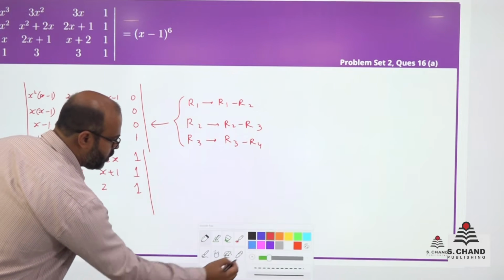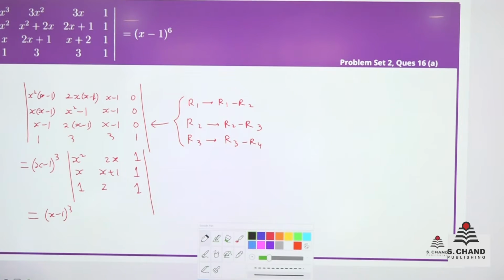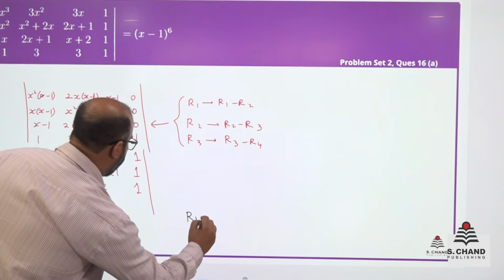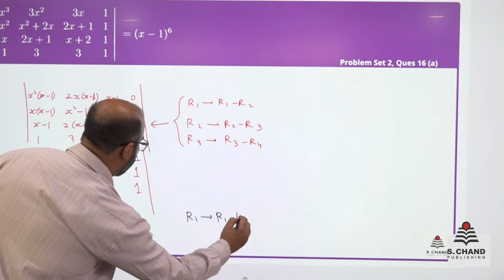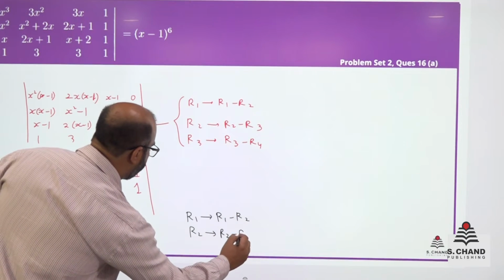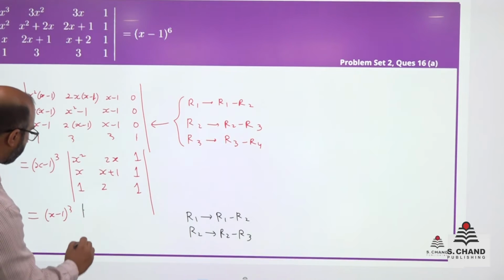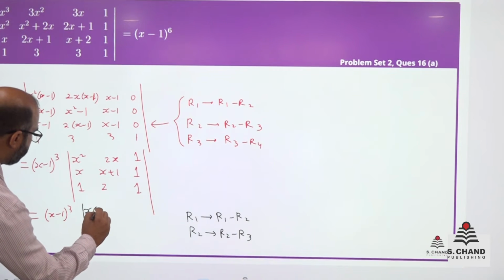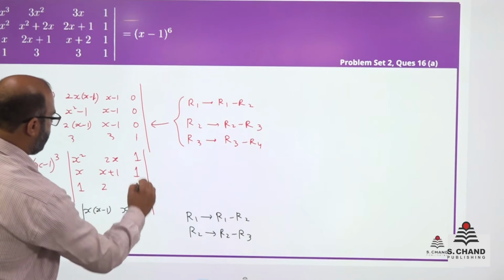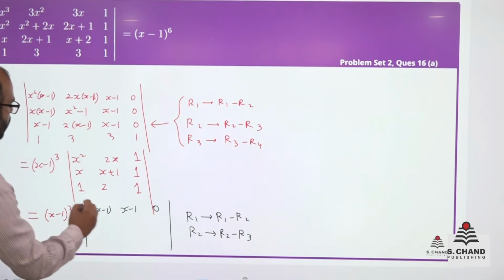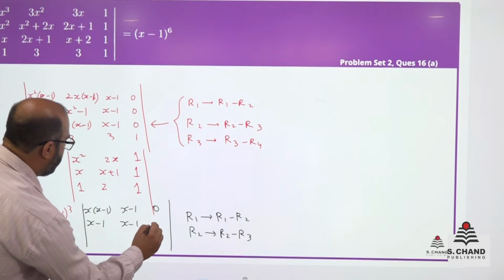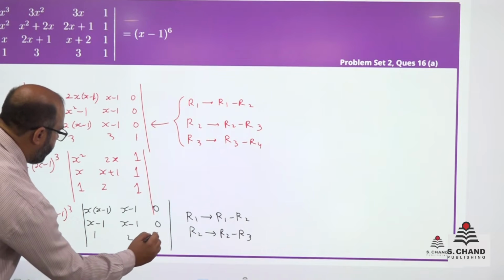Now let us use here again R1 as R1 minus R2 and R2 as R2 minus R3. So what will happen? X into x minus 1 this will become, here x minus 1 it will become, here it will be 0. Here x minus 1 it will become, here x minus 1 it will become, here 0, and here it is 1, 2, 1.